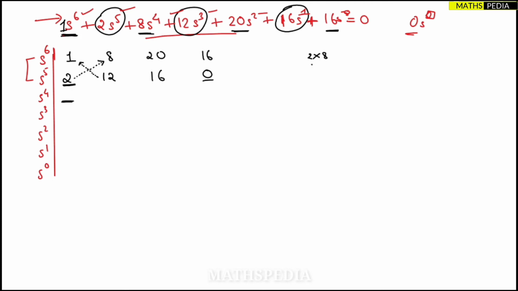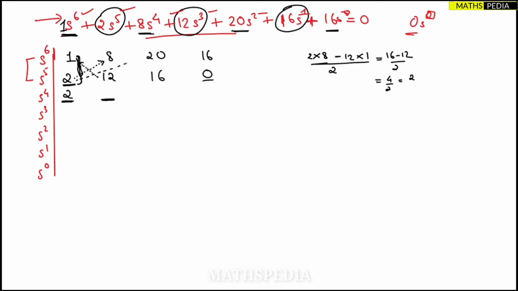Always 2 into 8 you have to do, that means you have to start from the bottom left to the top right, always, minus 12 into 1, divided by that particular element, that is 2. So what is the answer? 16 minus 12 by 2, which is equal to 4 by 2, that is equal to 2. Always remember you have to observe only this 2, and take this as reference.